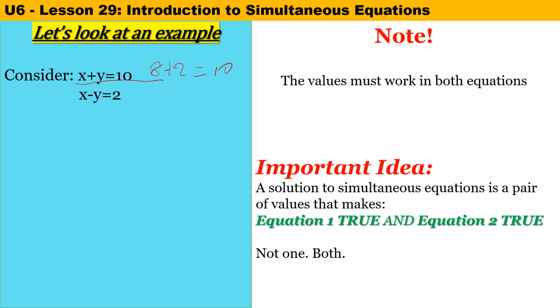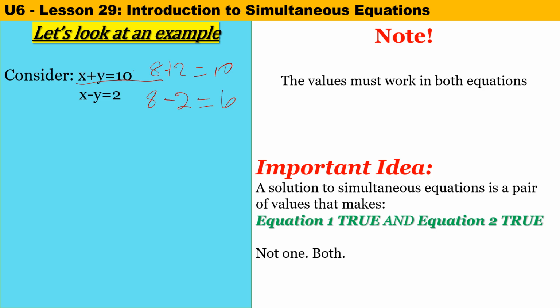Can this 8 satisfy this x and this 2 satisfy this y? Let's find out. So I have 8 minus 2 equal, that gives us 6. So it means that the value of 8 does not satisfy for x in both equations, and likewise for y. So we have to find something that actually works.